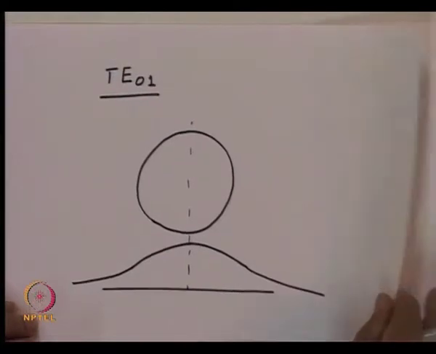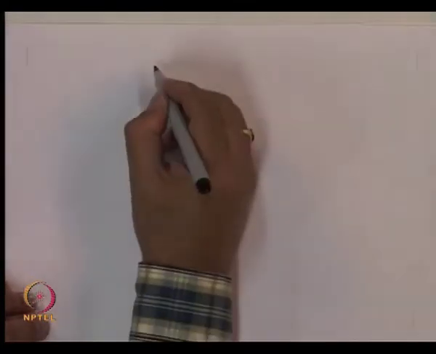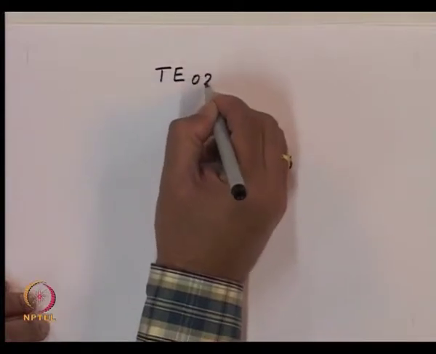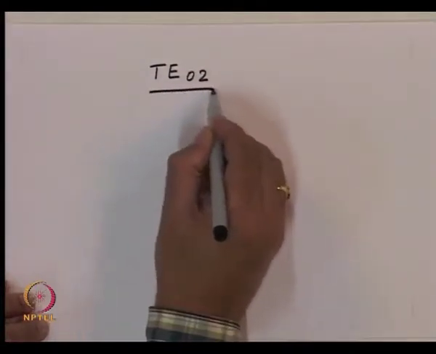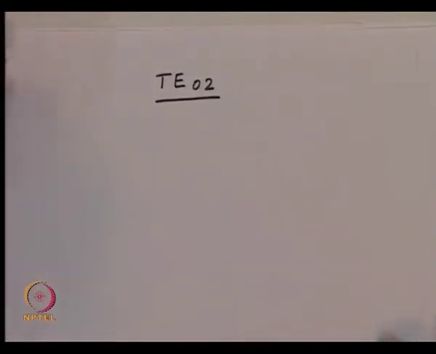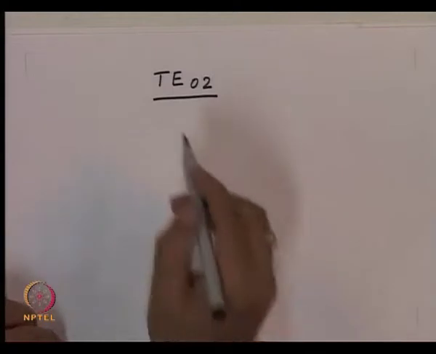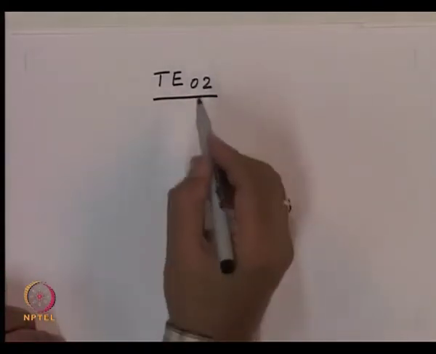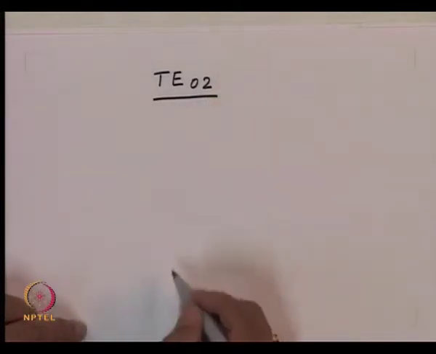Whereas, if I consider a mode which is, let us say, TE02 mode, then the field variation is circularly symmetric. It does not have any variation in the phi direction, but one zero crossing is there in the radial direction.